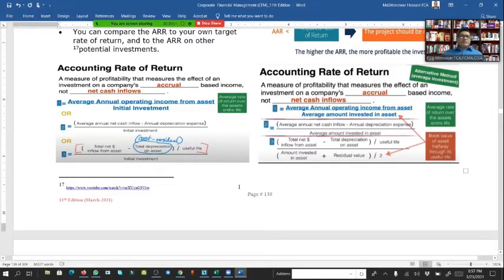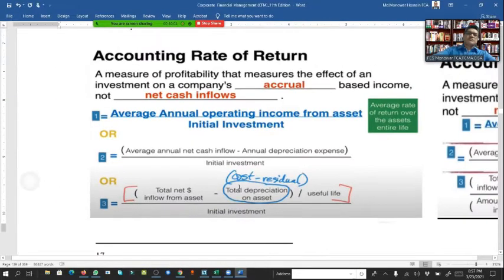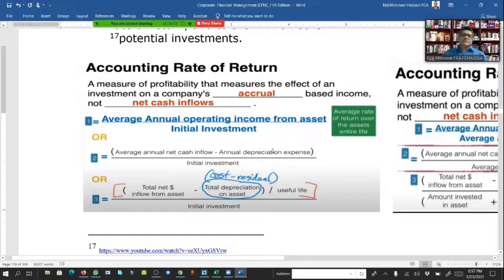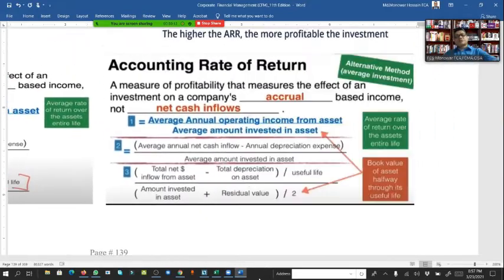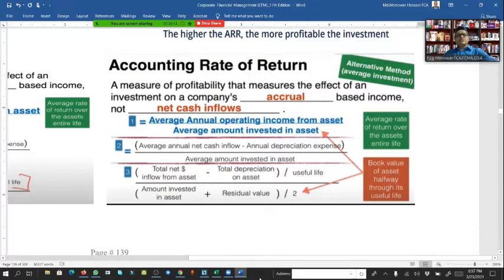So here we can calculate in a different way. Accounting rate of return is average annual operating income for the asset divided by initial investment. Also 2 or 3 formulas we can use. Alternatively, we can use this way also. A measure of profitability that measures the effect of an investment on a company's accrual basis income, not net cash flow. So average annual operating income from asset divided by average amount invested in asset.